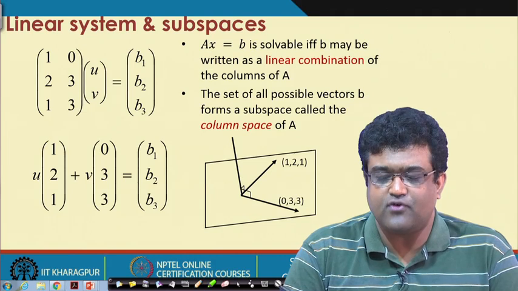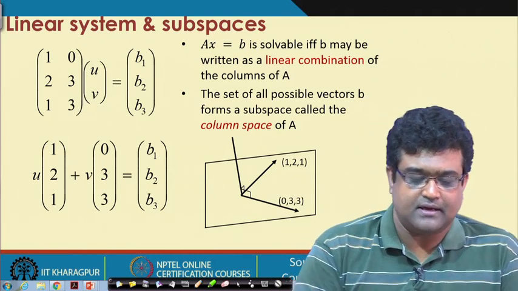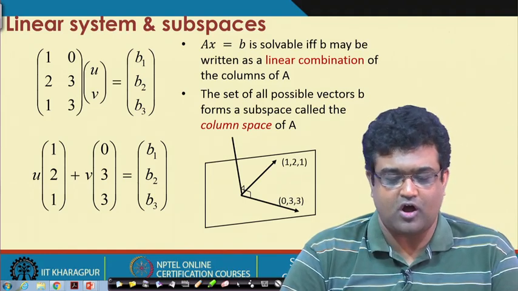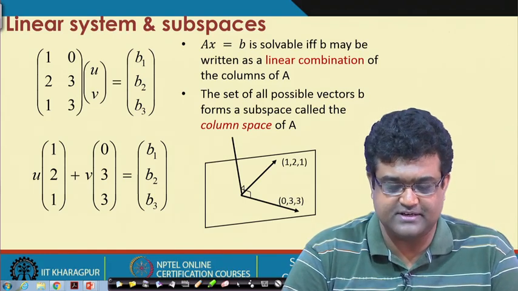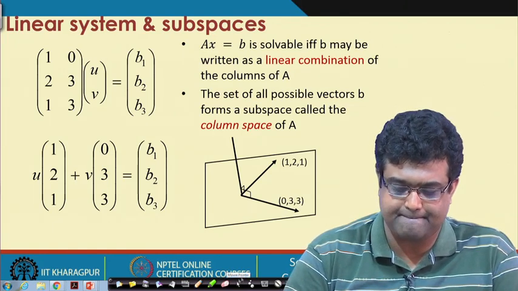The set of all possible vectors generated by a linear combination of columns of a matrix is called the column space of the matrix A.